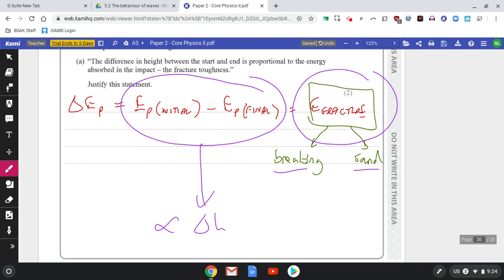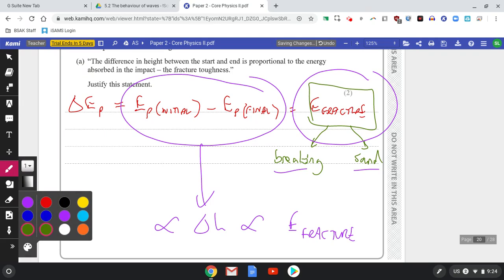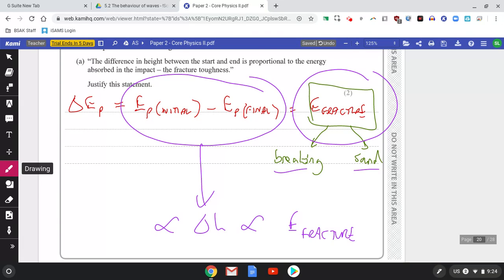So the change in height is therefore proportional to the energy lost in the fracture. And I think that is what you were asked to justify.